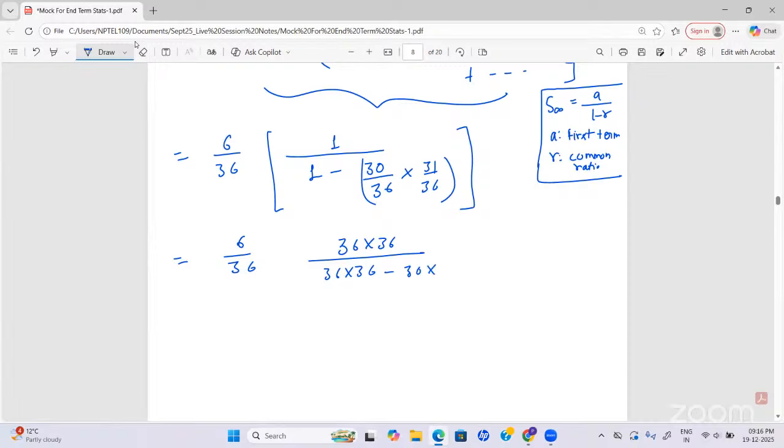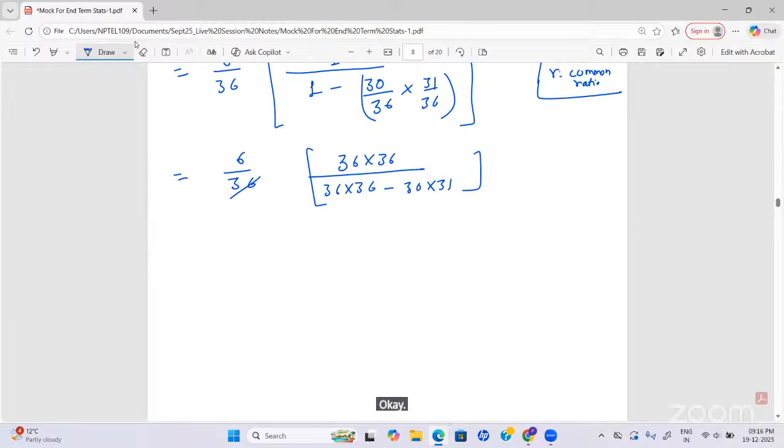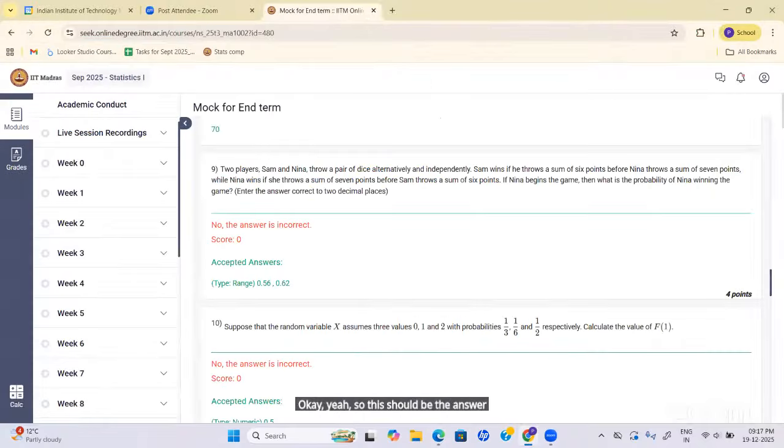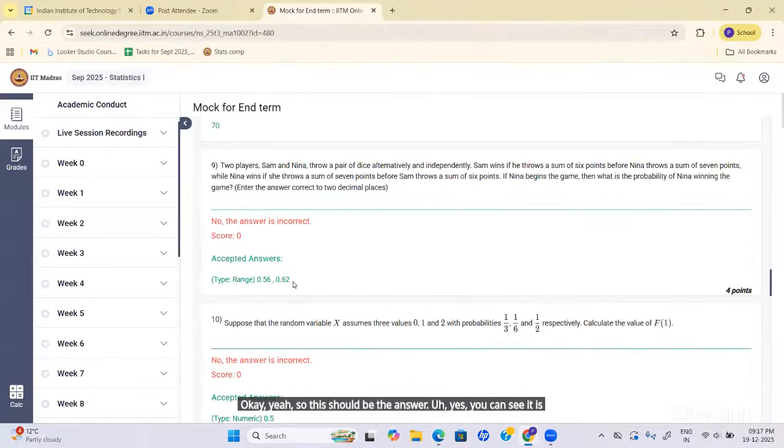Yes, it is coming out to be 0.59 something, so this should be the answer. You can see it is coming in the range. Is this question clear to everyone?